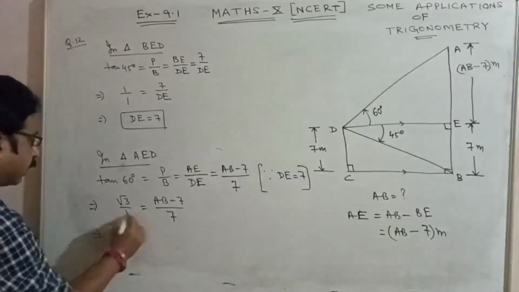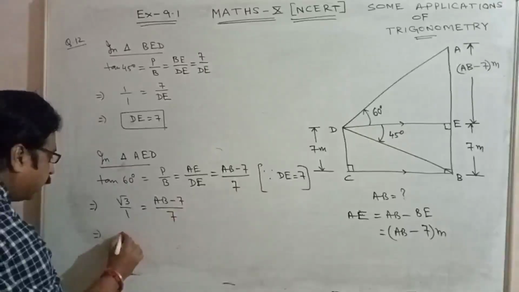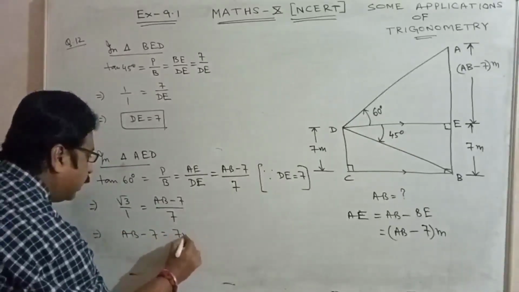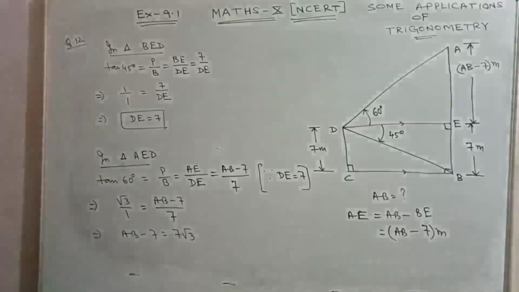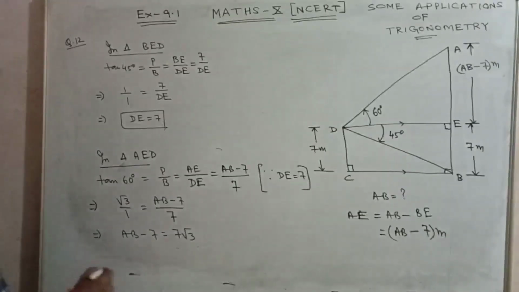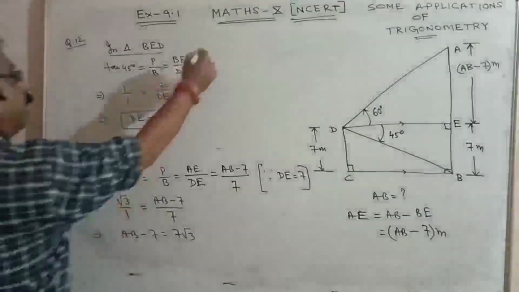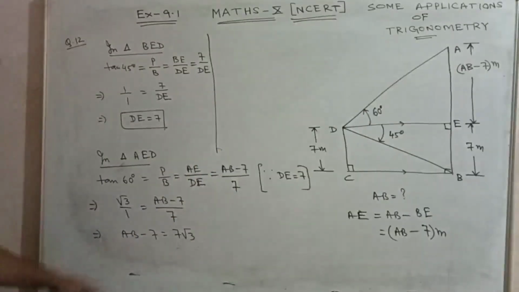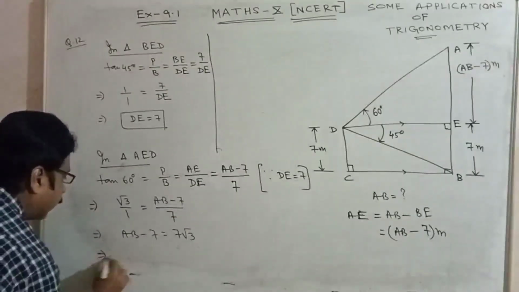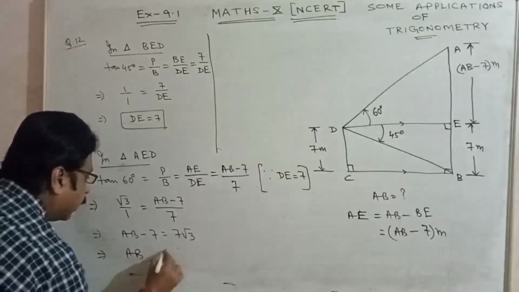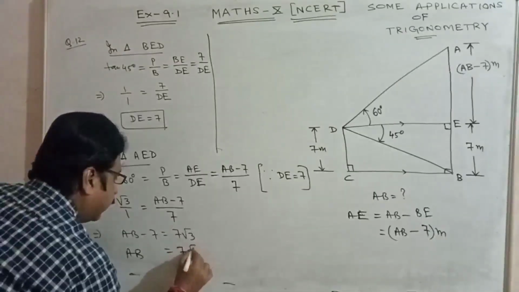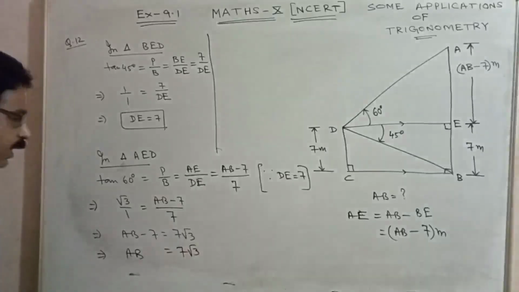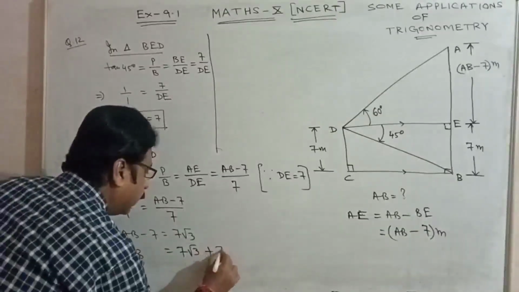Then cross multiplication. AB minus 7 equals 7 root 3. We are writing here AB is 7 root 3 plus 7, since minus 7 going from the left to the right side becomes plus 7.